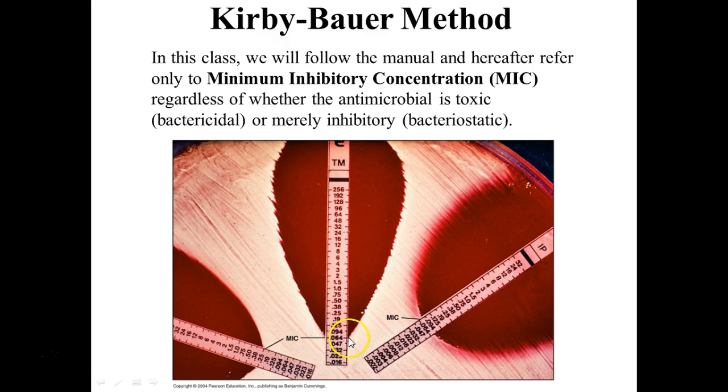So where it intersects, where inhibition stops, that's your minimum inhibitory concentration. For this one, I can't even read that, 0.06564, for that particular drug, if they needed to know that particular information. I don't even know what TM stands for, but it's some drug.